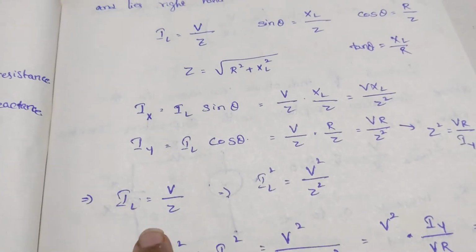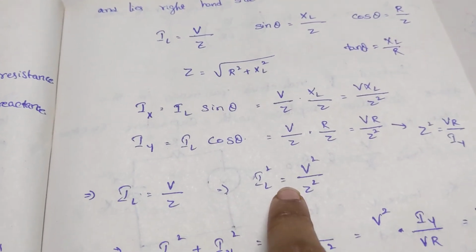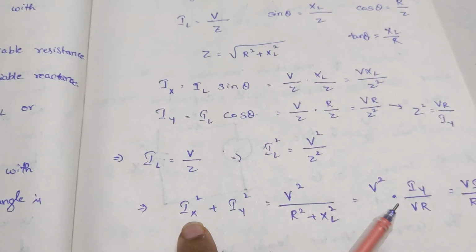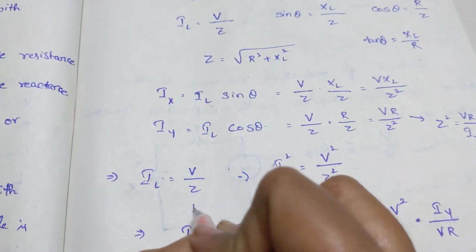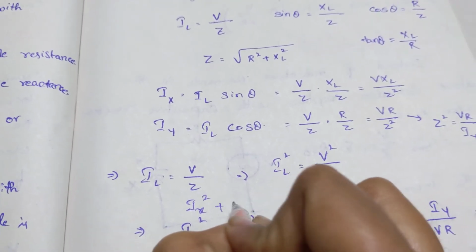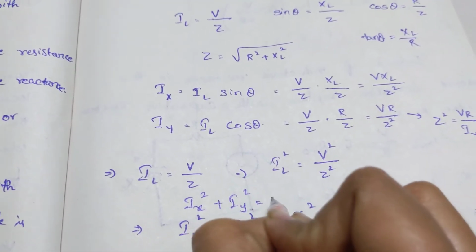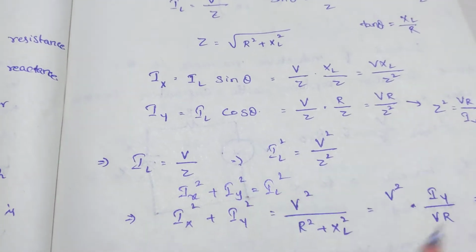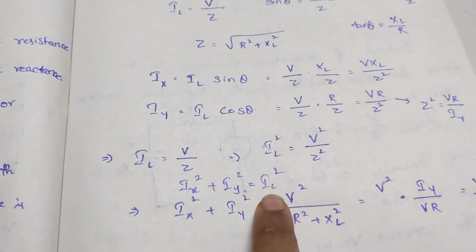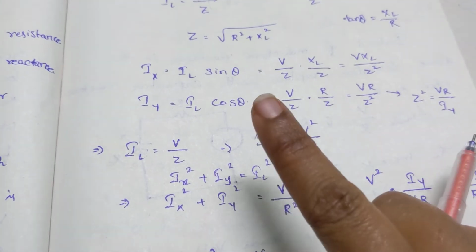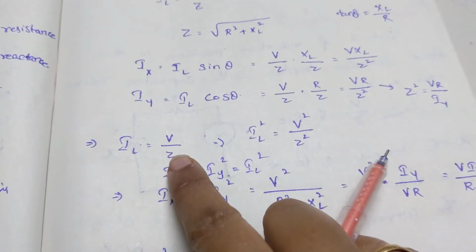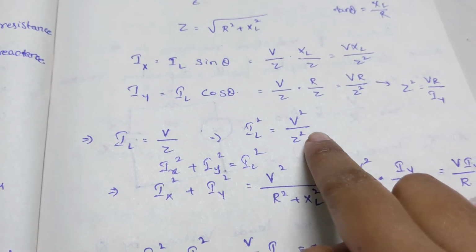Now from the right angle triangle I said IX square plus IY square is nothing but IL square. So in place of IL square I can replace V square by Z square, because I know IL is nothing but V by Z. So V square divided by Z square.